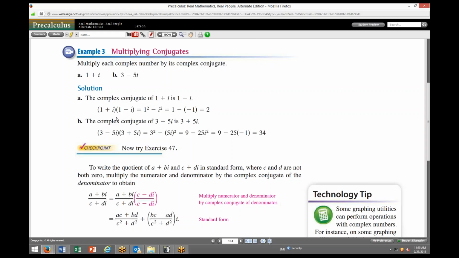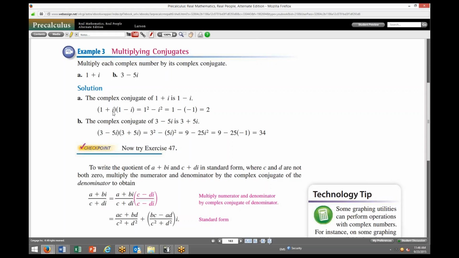And this will always happen when you do any complex number times its conjugate. The inners and the outers, the i terms, will cancel out to 0, leaving only the real part squared and the coefficient of the i terms squared.